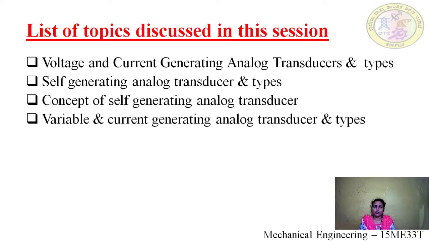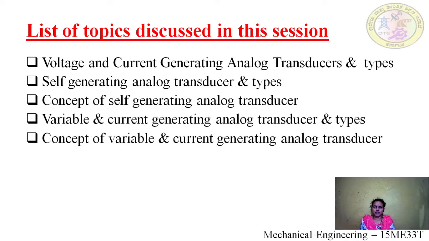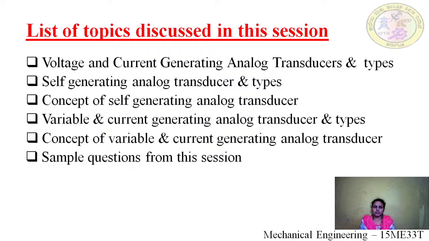Next we are going to see the variable and current generating analog transducer and its types. Then we are going to see the concept behind the variable and current generating analog transducer.